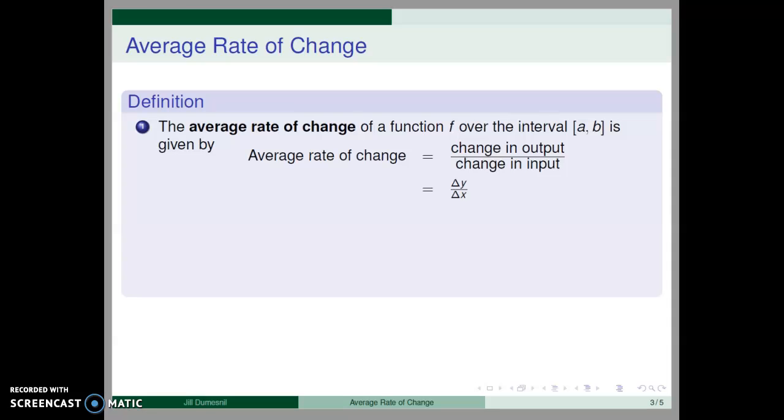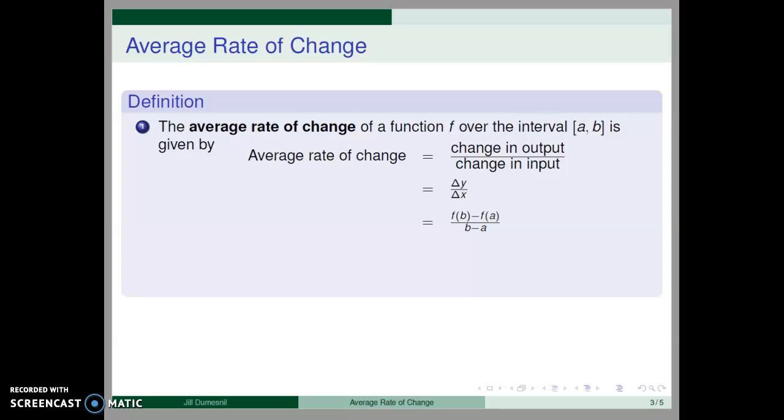So delta y represents a change in y, and delta x represents a change in x. Since y values are function values, the change in y is the ending function value minus the beginning function value. Also, the change in x is the ending input value minus the beginning input value.